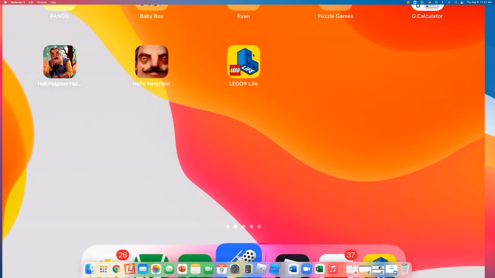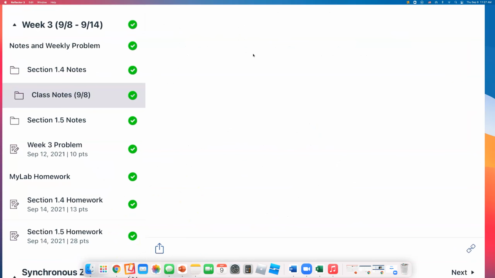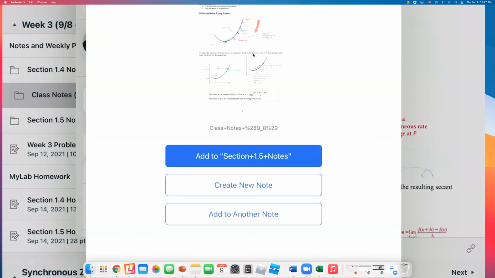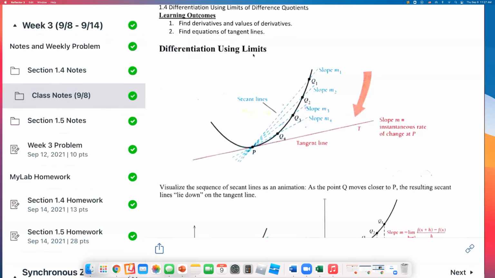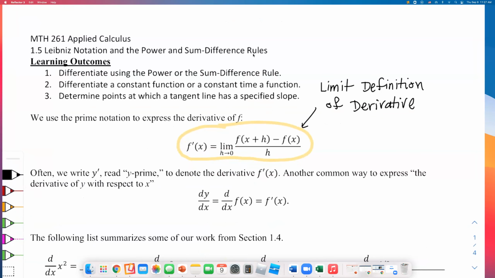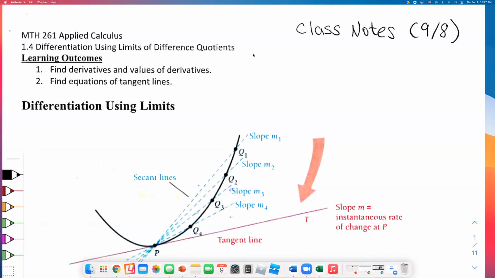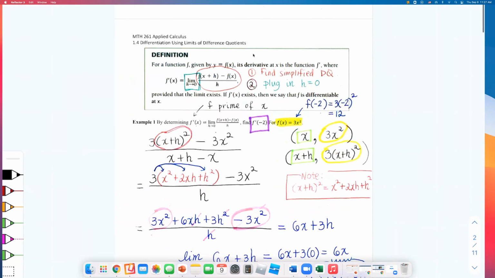To remind you what all that was about, if I go and open up the notes that we did during class yesterday, this is what I scanned from our class yesterday. It's all this.